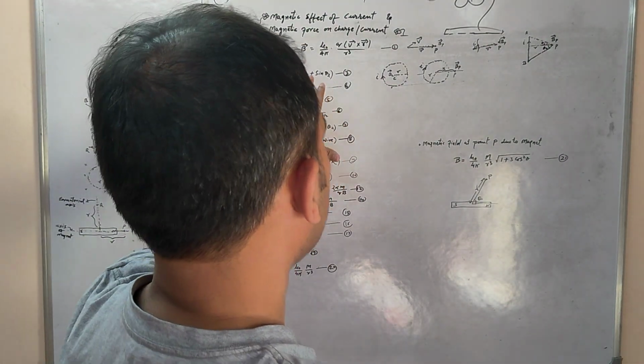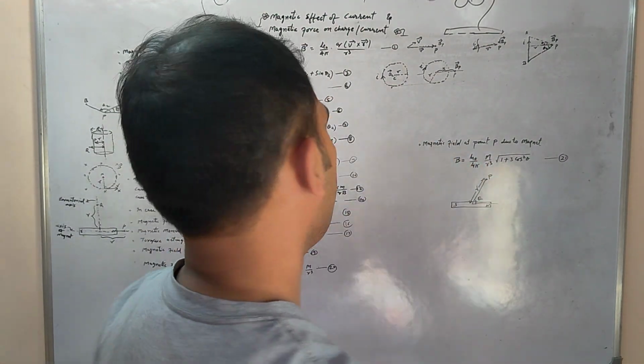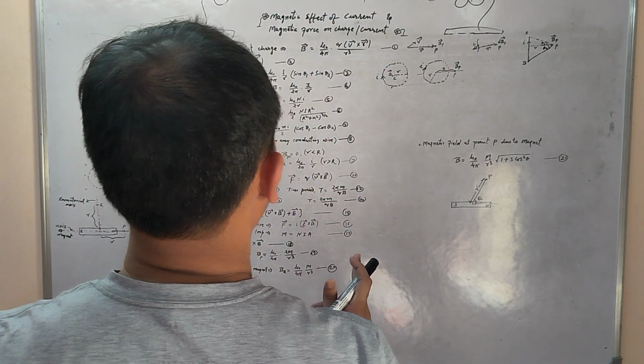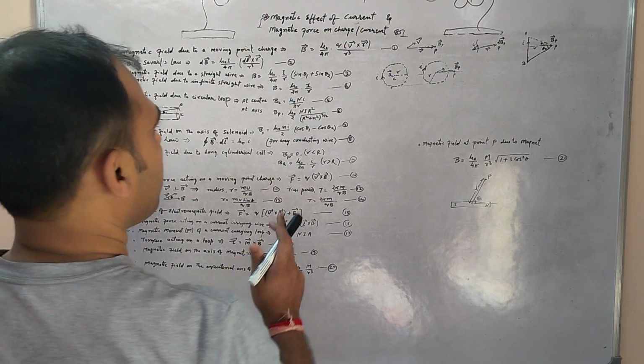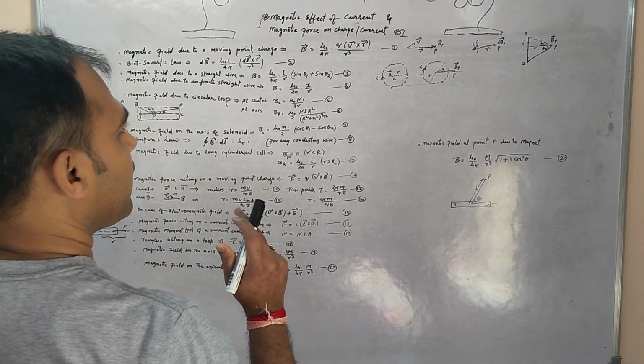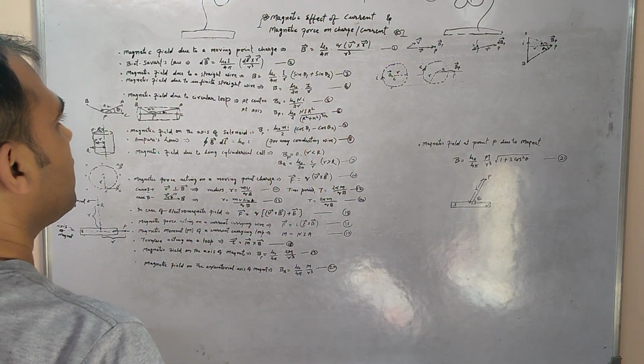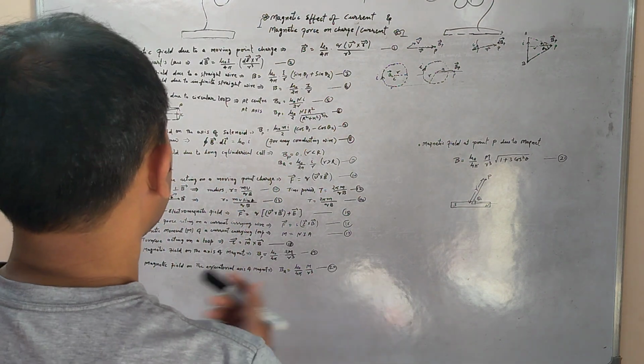So this is the collection of the most important 21 formulas of the very important topic, that is magnetic effect of current and magnetic force on charge or current. So let us discuss very quickly.